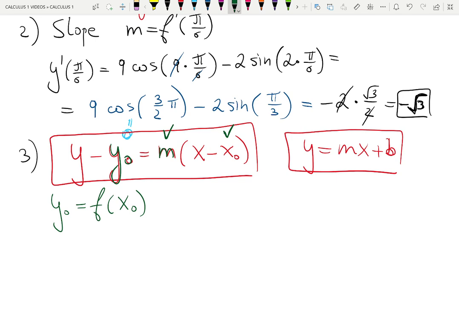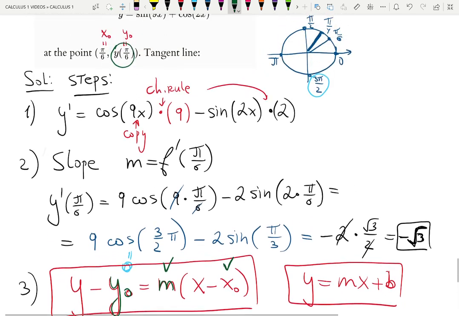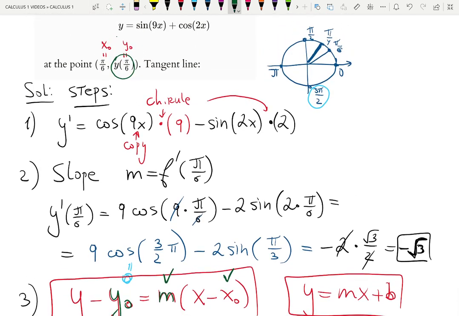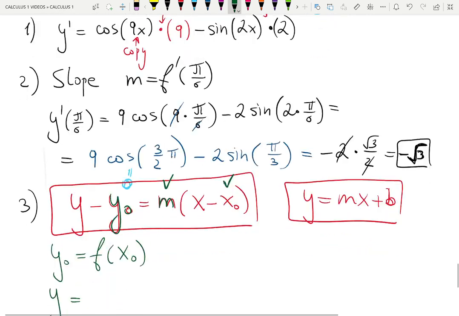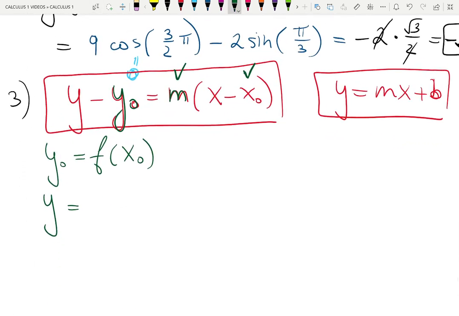Thus, we need to substitute pi over 6 into the original function, which I already forgot. Sine of 9x plus cosine of 2x. Sine of 9 times pi over 6 plus cosine of 2 times pi over 6.